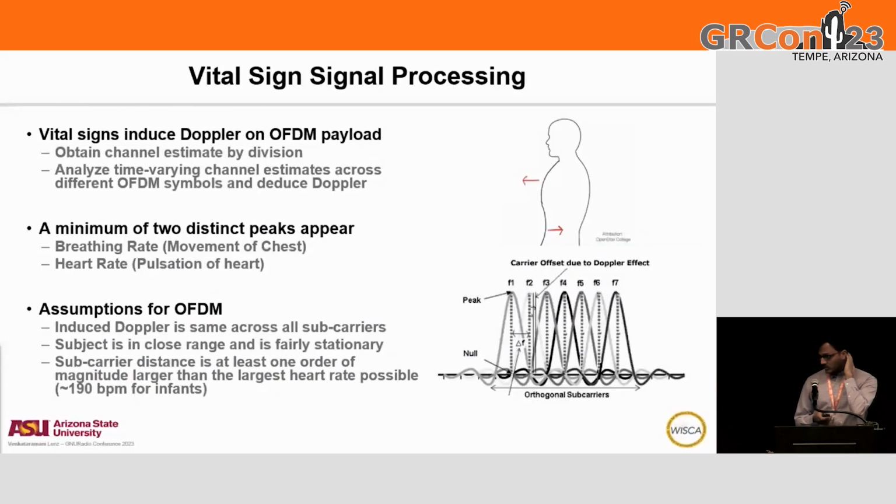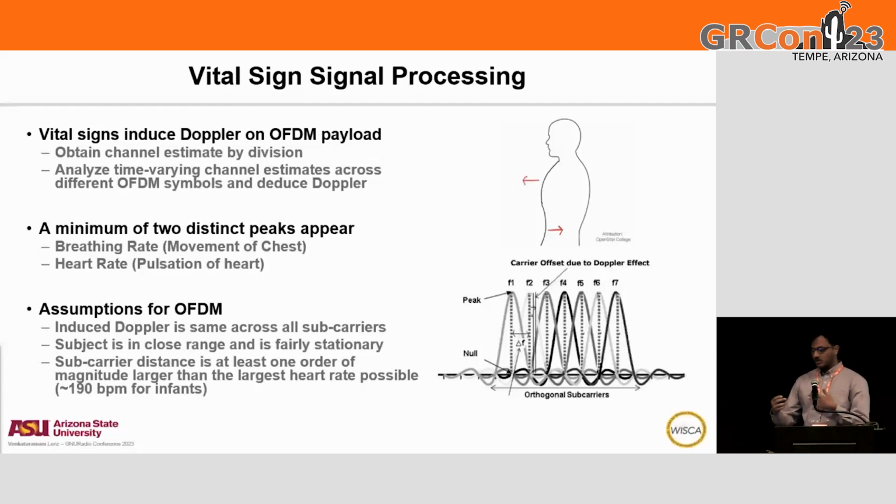So now moving on to, I guess, what vital signs are and why there is a lot of buzz in this. Basically, vital signs are motions induced by your body. And two of them which we are interested deeply in are the breathing rate and the heart rate.